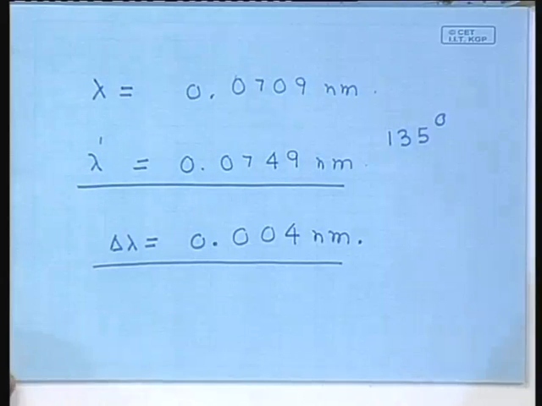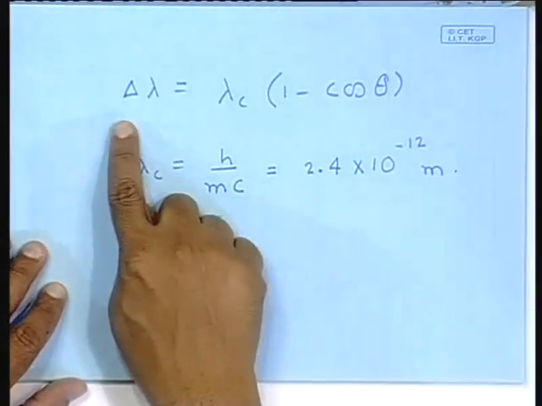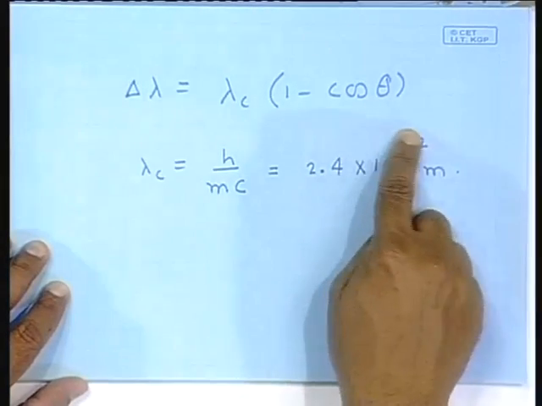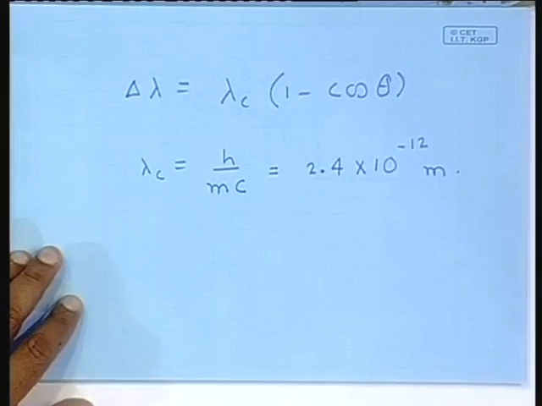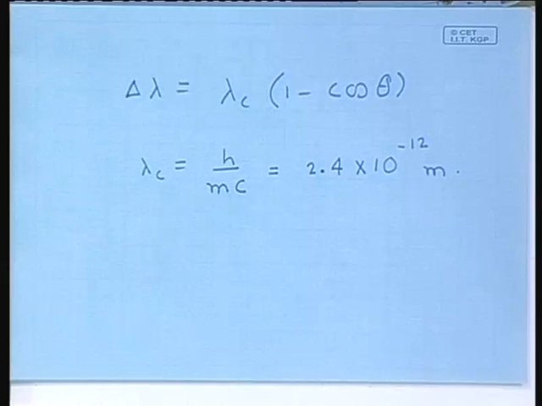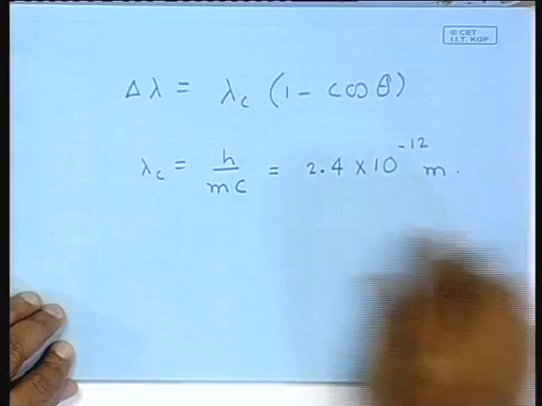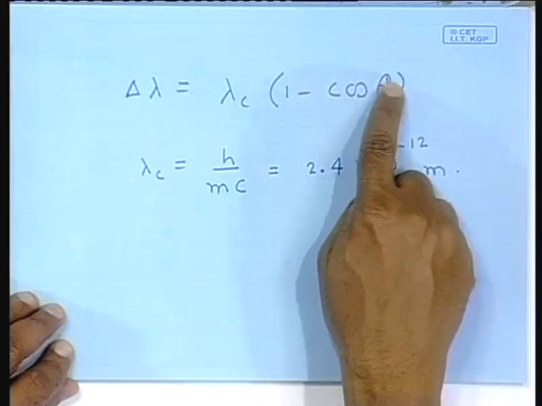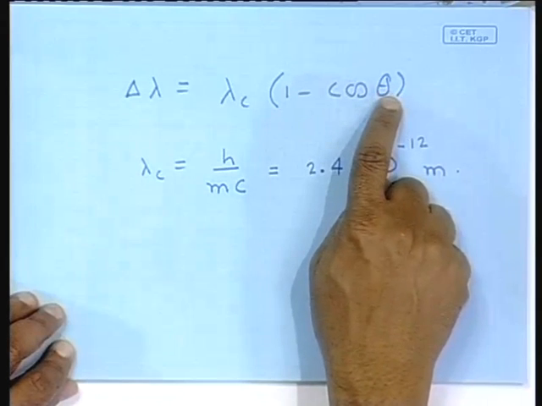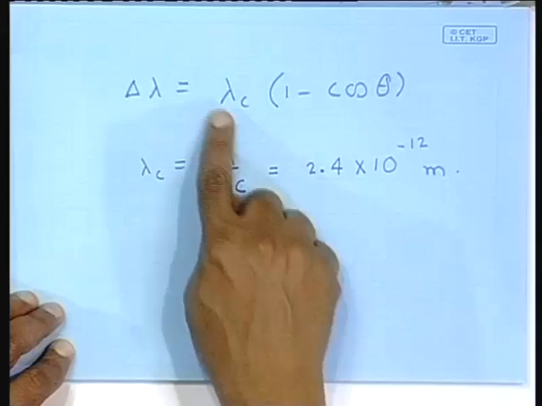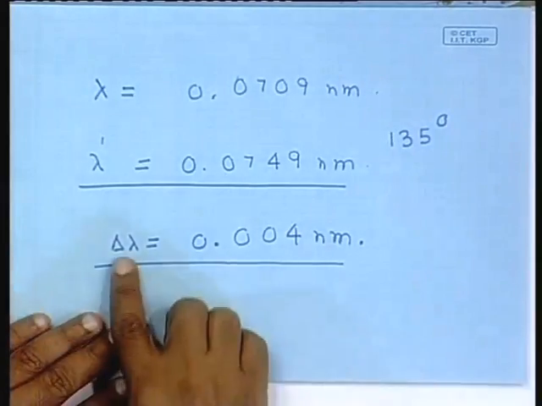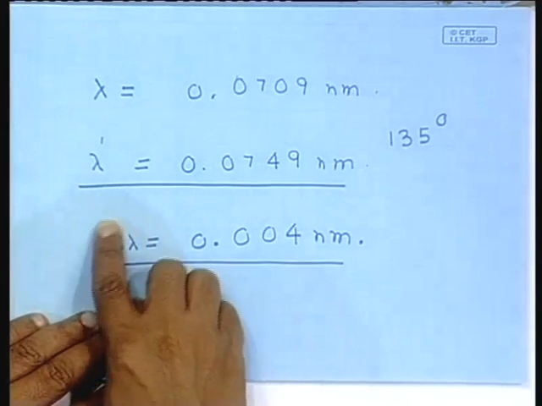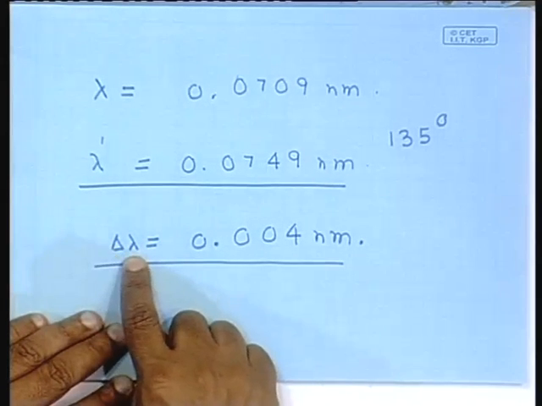You should check that this actually is consistent with the predictions of the calculation that we have done. If you put in 135 degrees over here for theta and put in the value of the Compton wavelength, 2.4 into 10 to the power minus 12 meters, you can explain this shift in the wavelength which is observed.